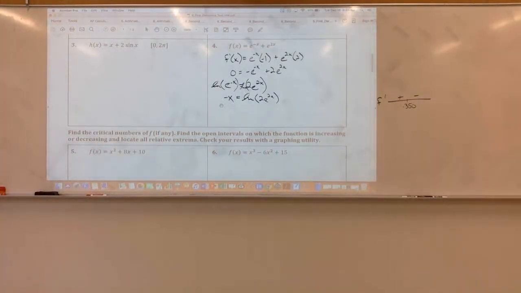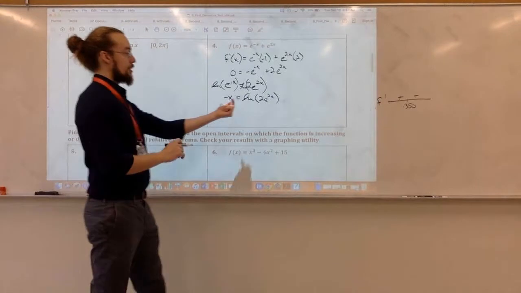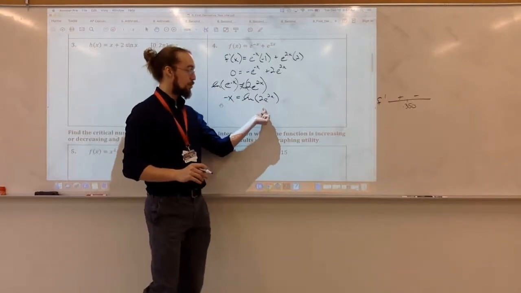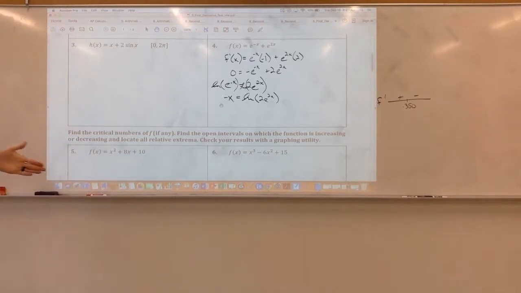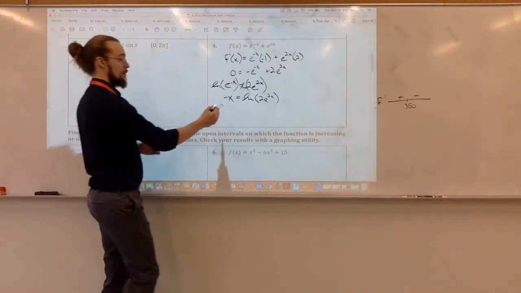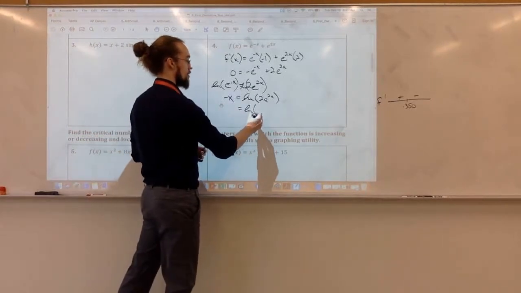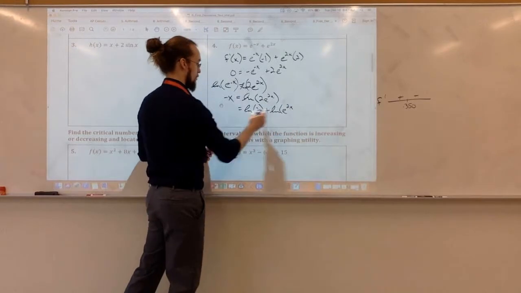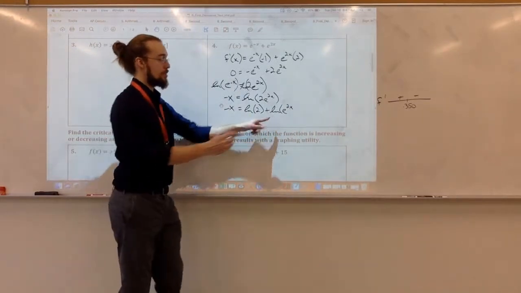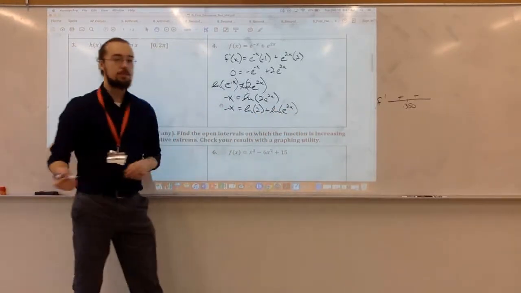To do it this way, we need to remember one of our properties of logs. If I'm multiplying 2 things inside of a log, so I've got 2 times e to the 2x, how can I split that up into 2 different logs? Natural log of 2 plus the natural log of e to the 2x. Exactly. Now what's the natural log of e to the 2x?